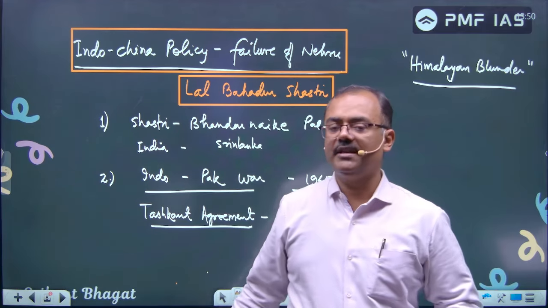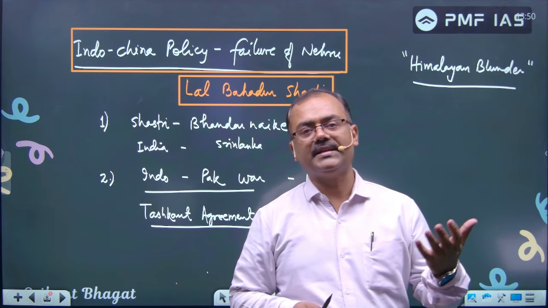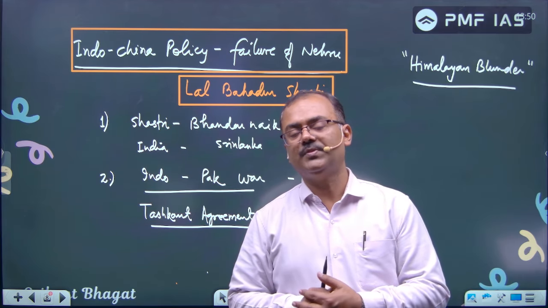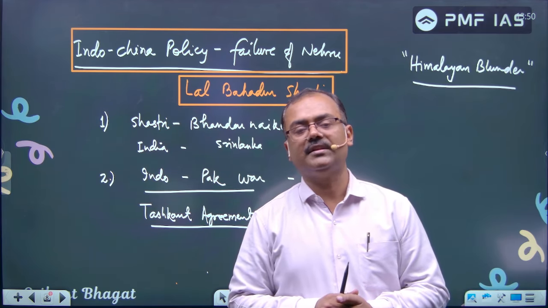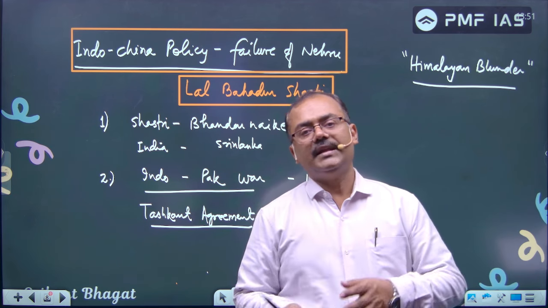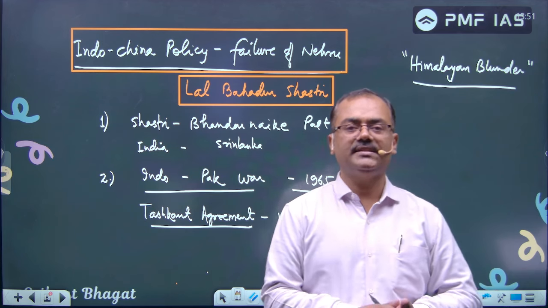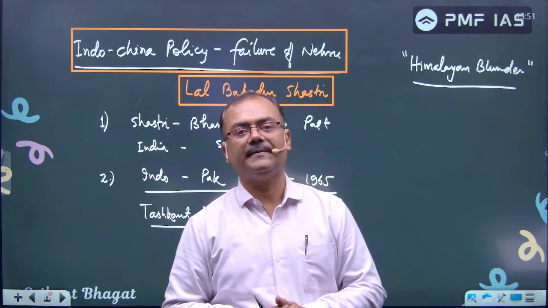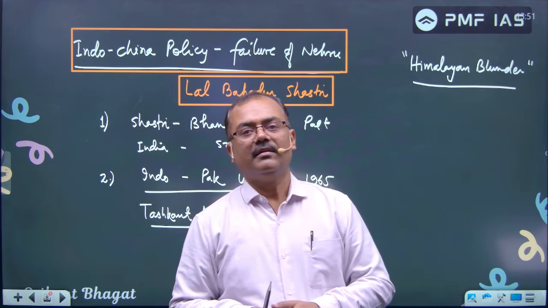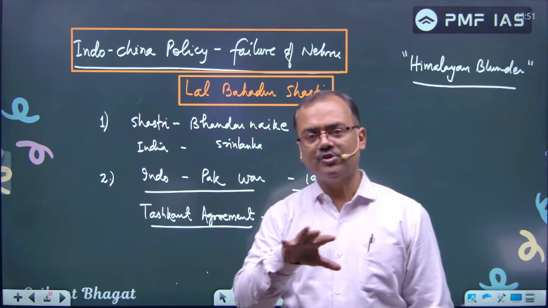What happened in the Tashkent Agreement? Pakistan had entered into Kashmiri territory, the Kashmiri part of India's territory. India attacked, then India went to the Pakistani region and occupied so many parts of the territory. Russia wanted that the region should not be disturbed.